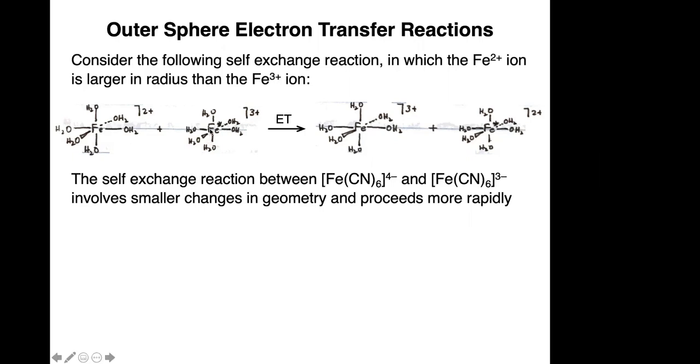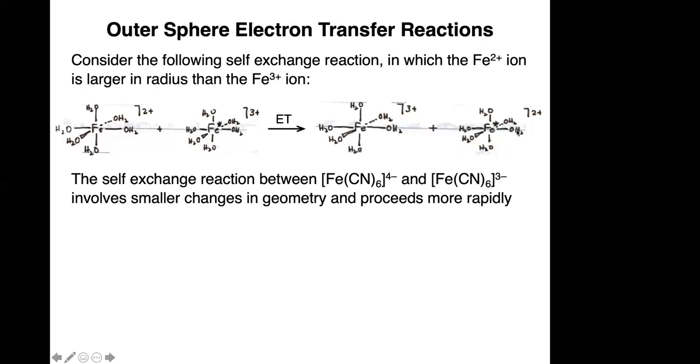And for the iron 2+, which has waters close, when the electron transfers, the nuclei will still have the waters close to the metal. And so what it looks like is we're going to do this electron transfer, and we're going to create excited states of the products, right? This would be an excited state conformation of the iron 3+. It would then have to relax to the ground state and emit energy. This also would be an excited state.